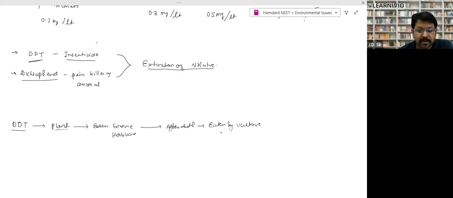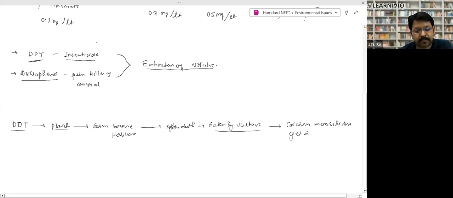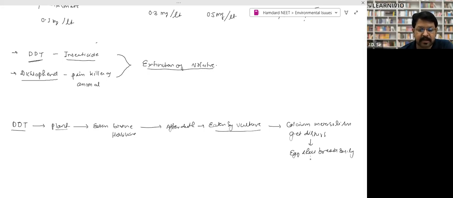Now what happens when the insecticide reaches the vulture's body? The calcium metabolism gets disturbed. When calcium metabolism gets disturbed, the eggshell breaks easily. When eggshells break easily, no new vultures are added.